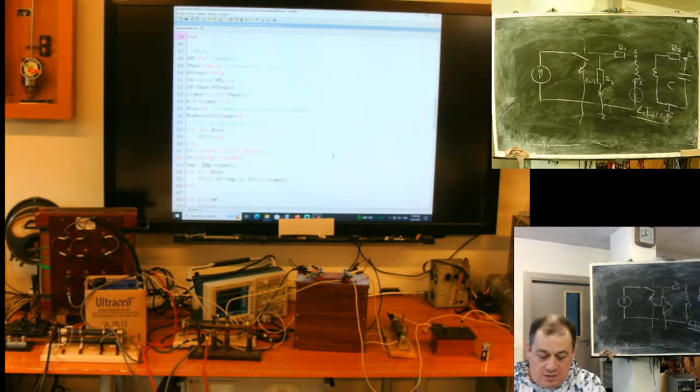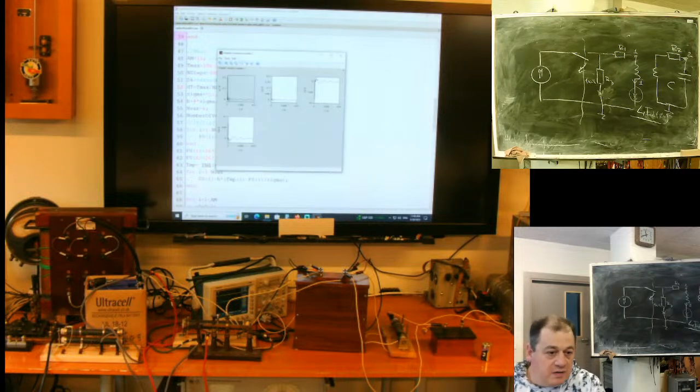Where is the division? And yes, you can see the current in the second branch does not start from 0. It should start from 0.